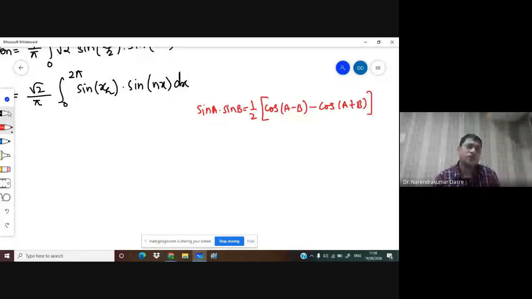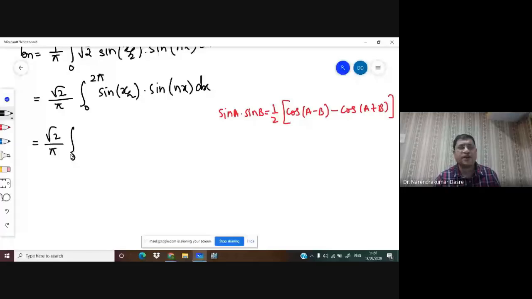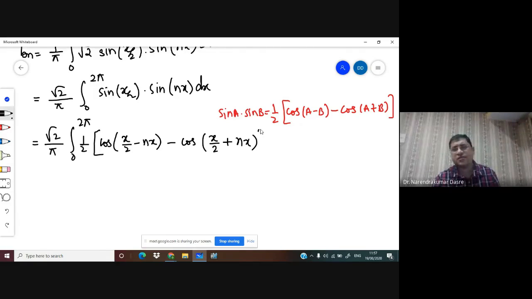So we have to use this formula, and then we get this is equal to 2 upon π integral 0 to 2π half of cos of (x by 2 minus nx) minus cos of (x by 2 plus nx), and this is here.